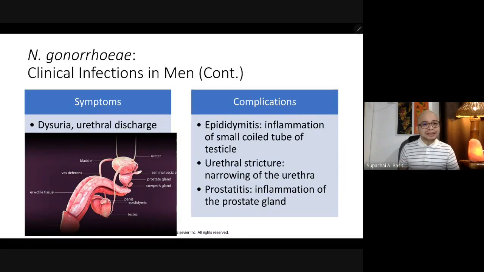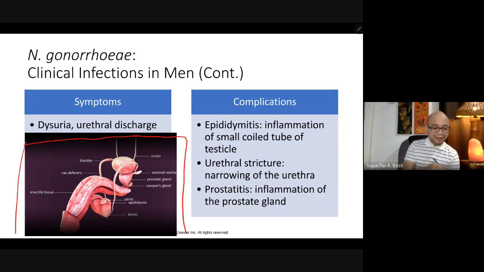Symptoms in males would include dysuria and urethral discharge. I've already explained to you why there is a urethral discharge and why there is dysuria. This would be the normal anatomic structure of the male. One complication of gonorrhea in males is epididymitis, the inflammation of the epididymis. So this is your epididymis.